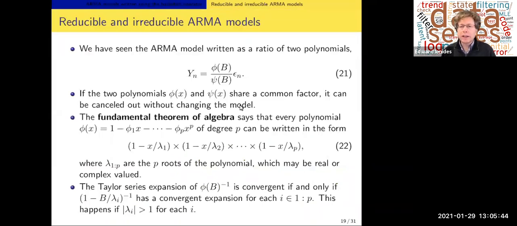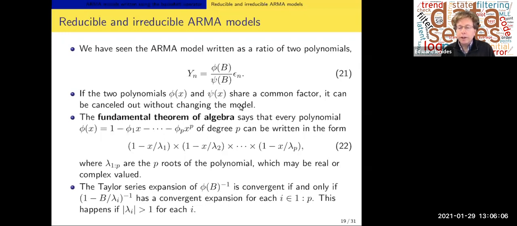Another thing that we can do to find desirable properties of ARMA models, using what we know about the algebra of the AR and MA polynomials, is something called reducibility.